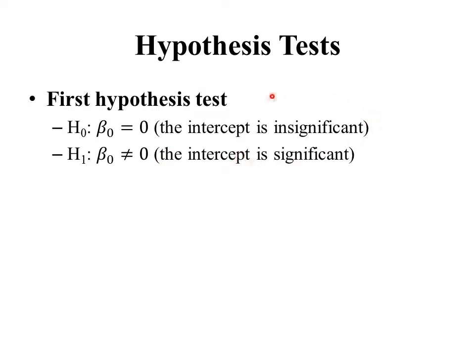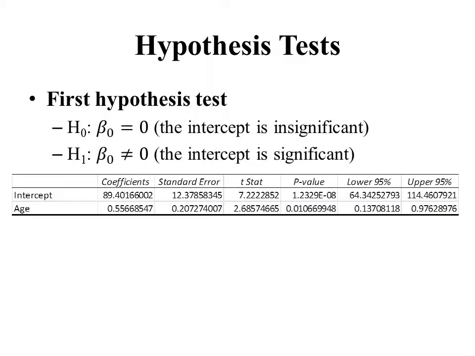More informally, the null hypothesis is that the intercept is insignificant. If the intercept is 0, then that means we really don't need it, so it's insignificant. The alternative is that the intercept is significant. If it's not equal to 0, then that means we do need it, and so it's significant.